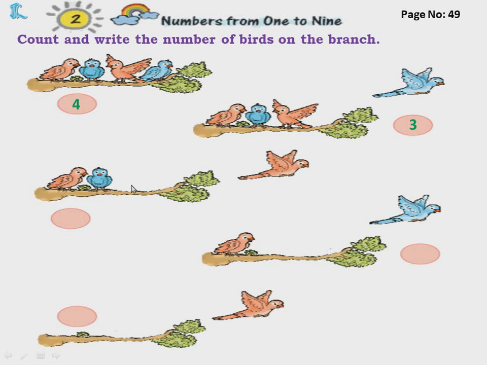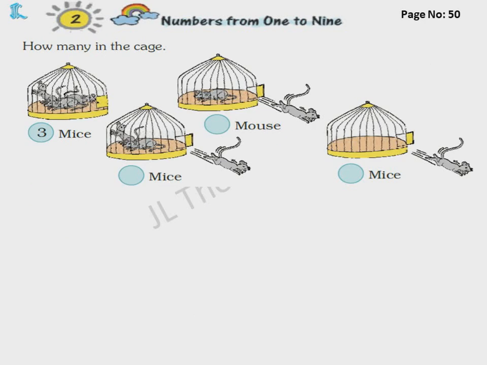Now out of 3, 1 more bird flew away. How many left? 1, 2. Now out of 2 birds, 1 more flew away. How many left? 1. Now that 1 bird also flew away. So how many left? 0. Very good.